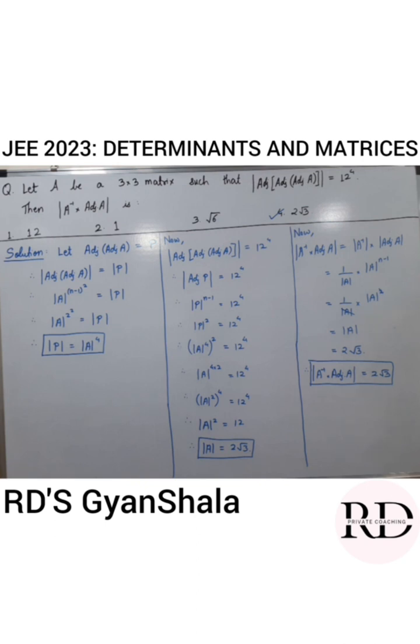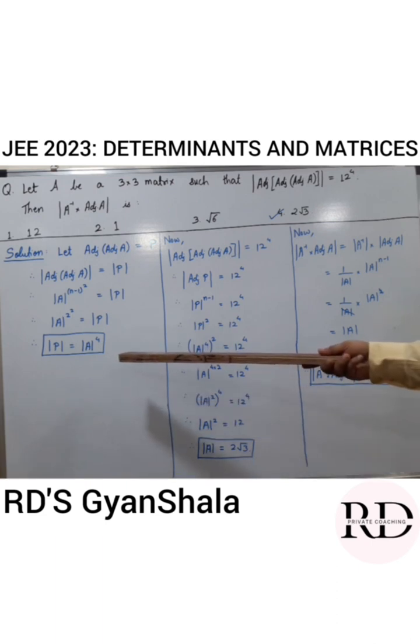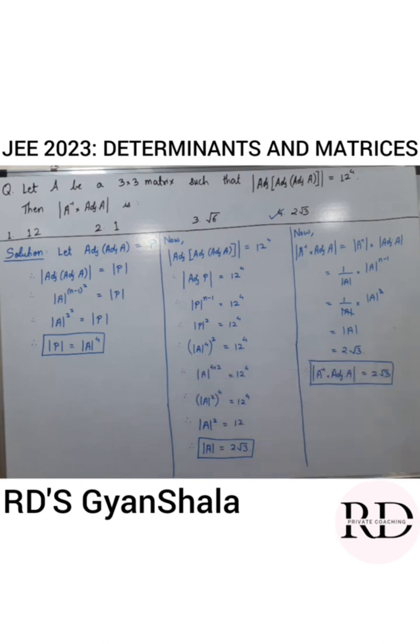Since it is a 3 cross 3 matrix, n equal to 3, and therefore we get determinant P square is equal to 12 power 4. Now we have already found the value of determinant P, which is determinant A power 4, and therefore it becomes determinant A power 4 the whole square is equal to 12 power 4.